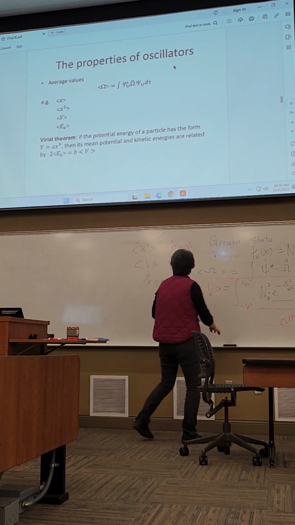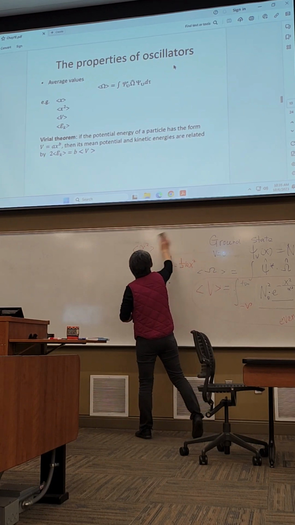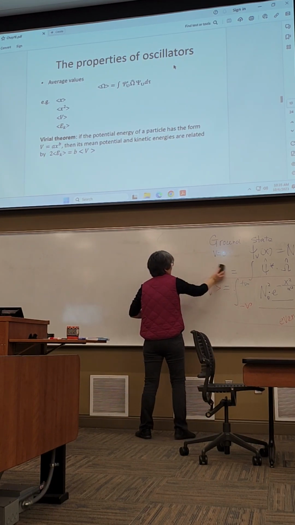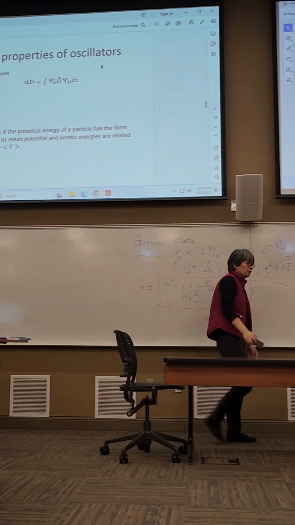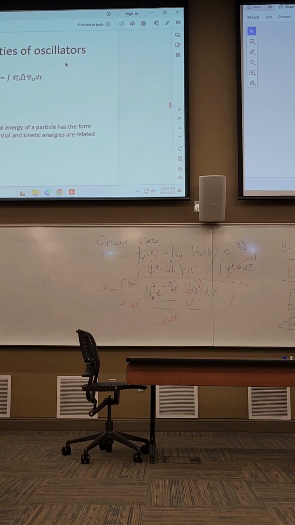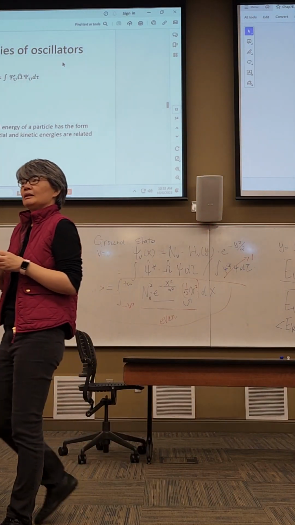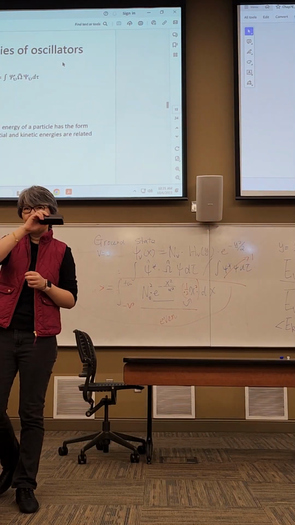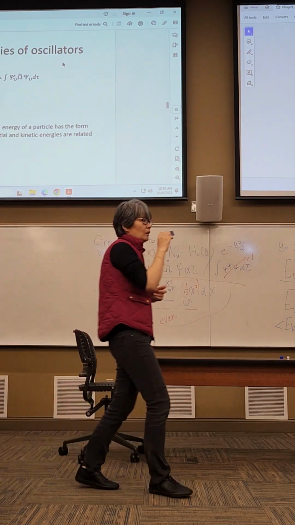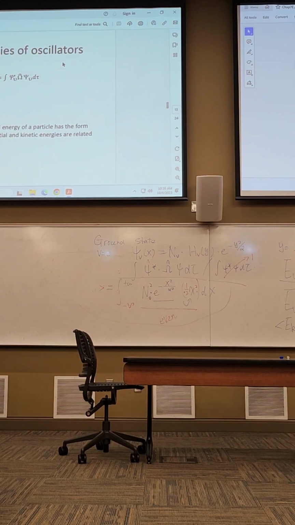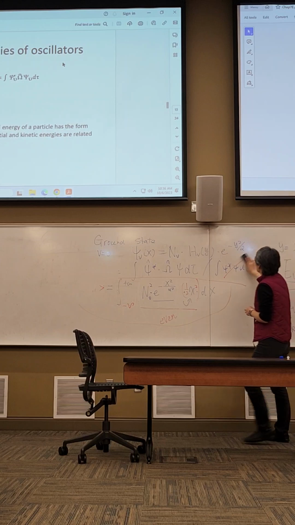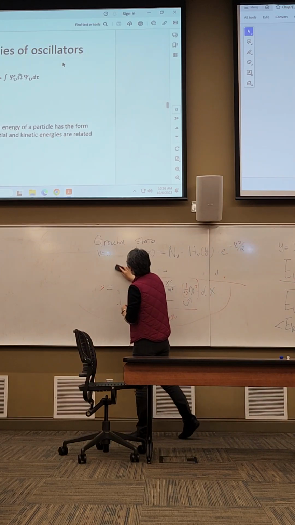Okay, now I'm going to erase all of those. I want you guys to draw the potential well for the harmonic oscillator, and then within that potential well, draw the energy. Will you do that?